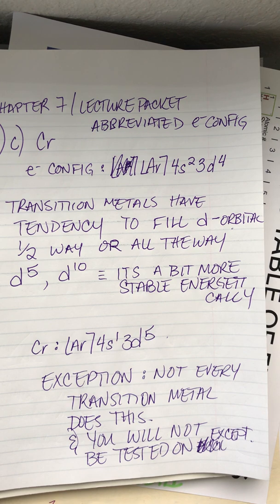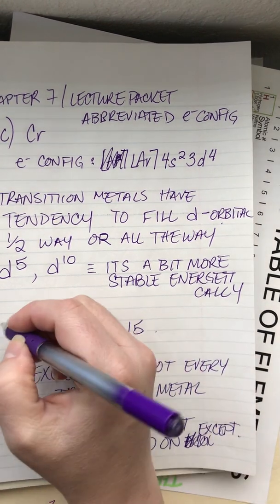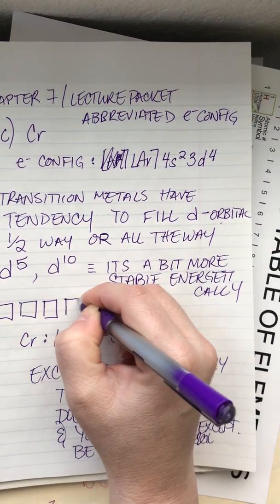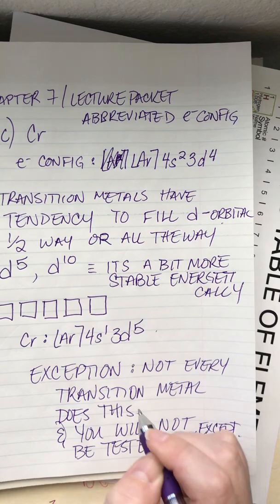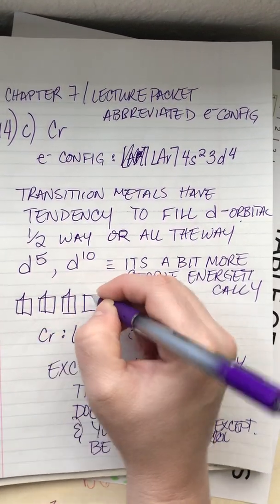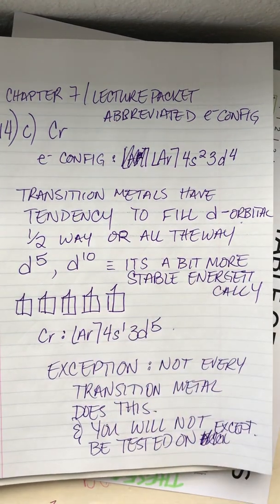So it only does that if it's going to d5 or d10? Correct. Okay, so it wouldn't be like if it's a 3d and it gets to a 6. Exactly. There's no added stability in the 6, right? It's just a half full d orbital, an orbital diagram for your d orbital that would look like this, right?